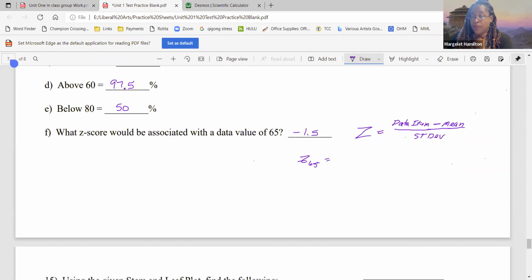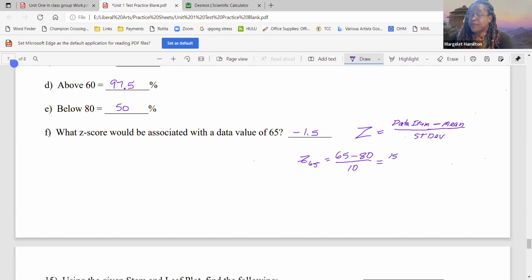This is our formula. 65 minus the mean that we had. Our mean was 80 and our standard deviation was 10. So when we do our math, we see 65 minus 80 was 15, right?